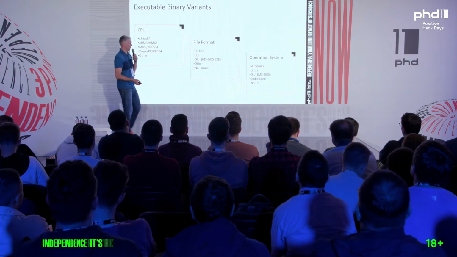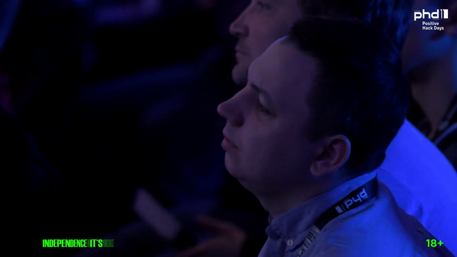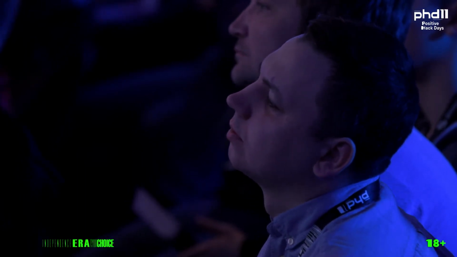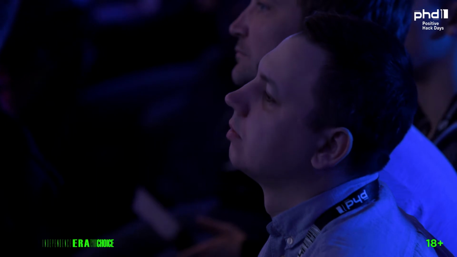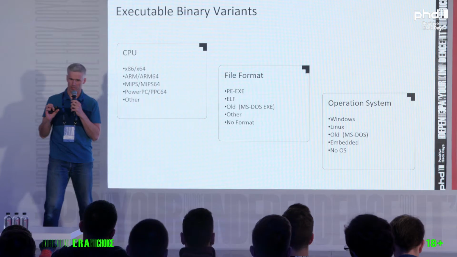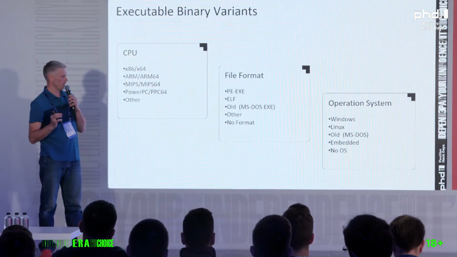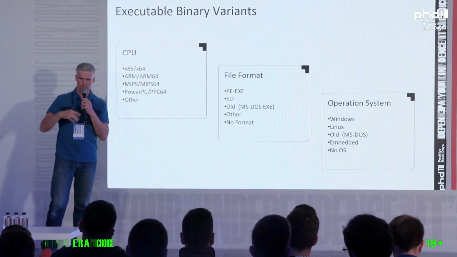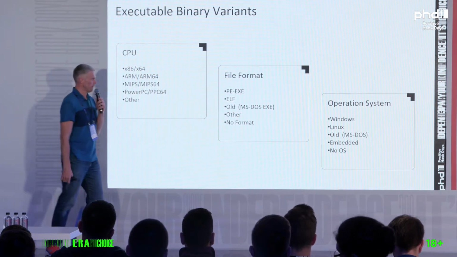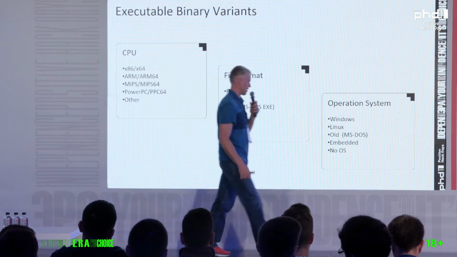There is even a huge section called other, which covers like 200 entities. Next, we have PE, ELF, other formats and the old school MS-DOS, and no formats. That is, when you have firmware in a raw form, chunks of code which will execute each other.